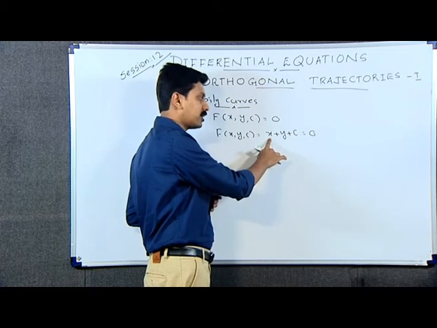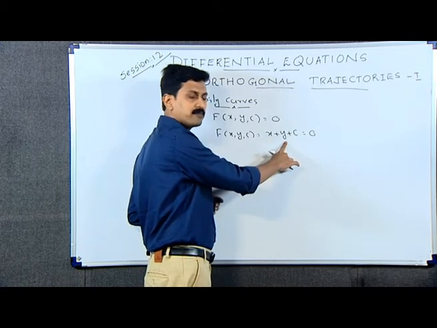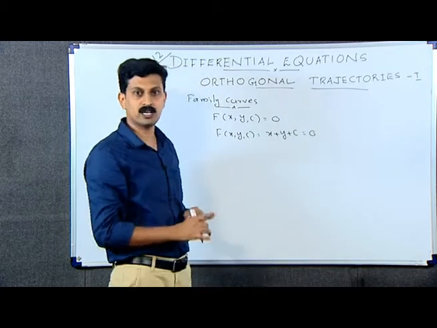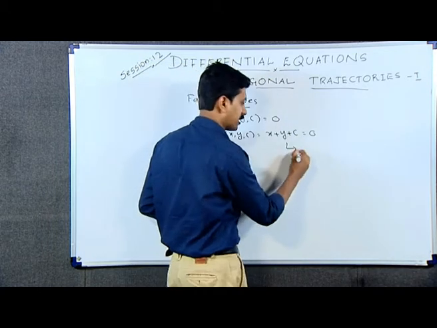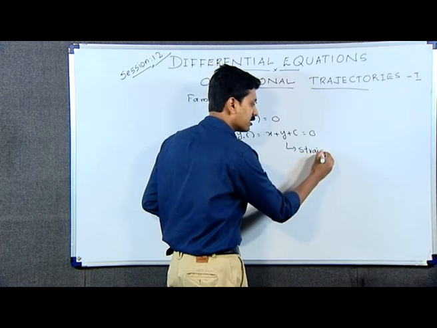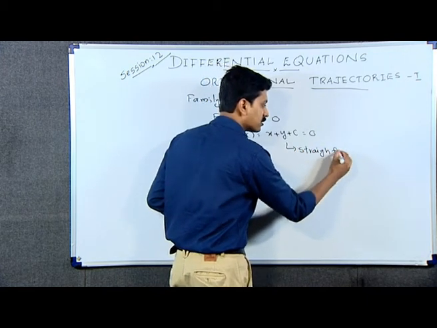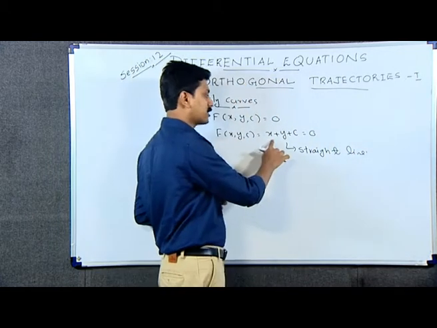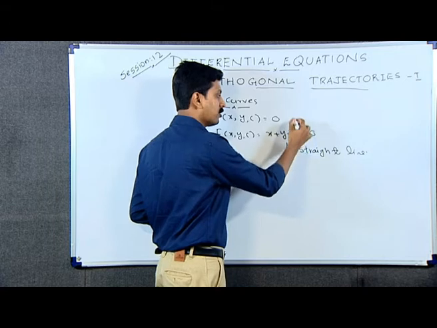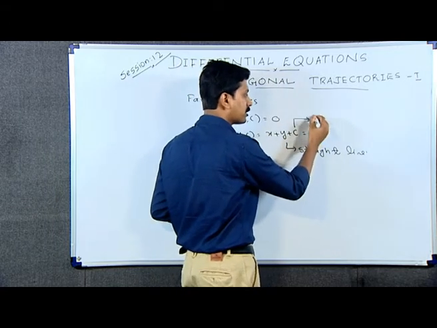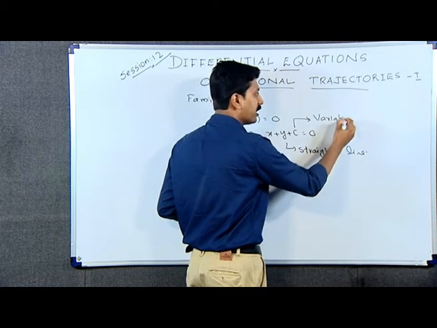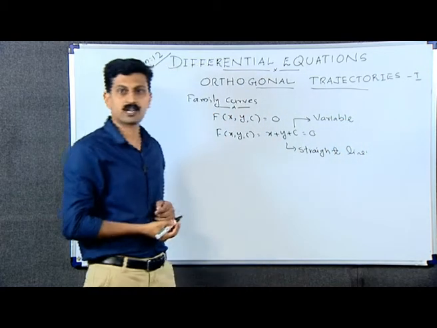Here x is the independent variable, y is the dependent variable and c is an arbitrary constant. If c is a single constant, we can say that this is a straight line. But if we treat c as an arbitrary constant in x plus y plus c equal to 0, it will act like a variable.